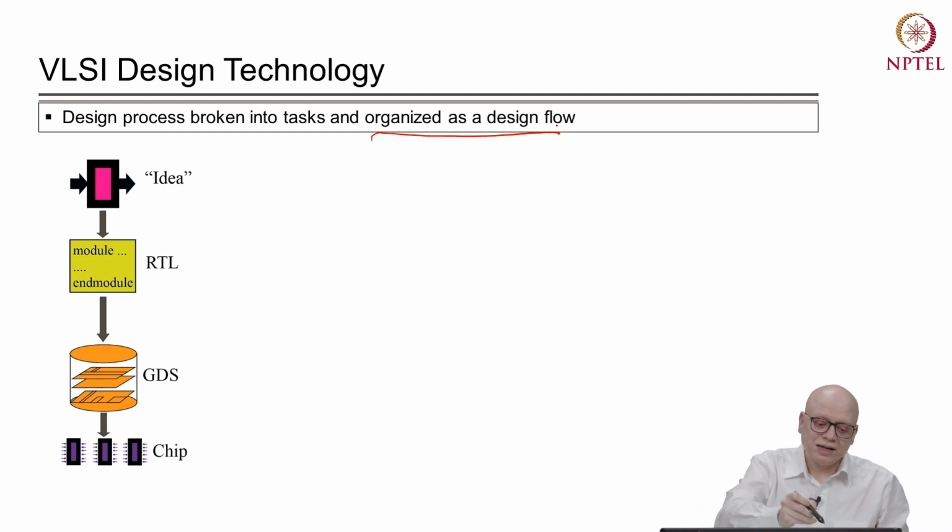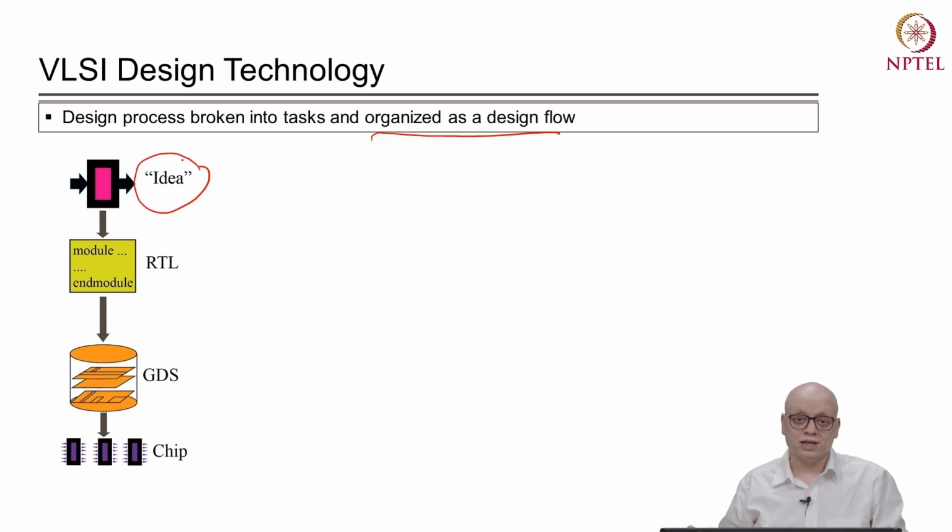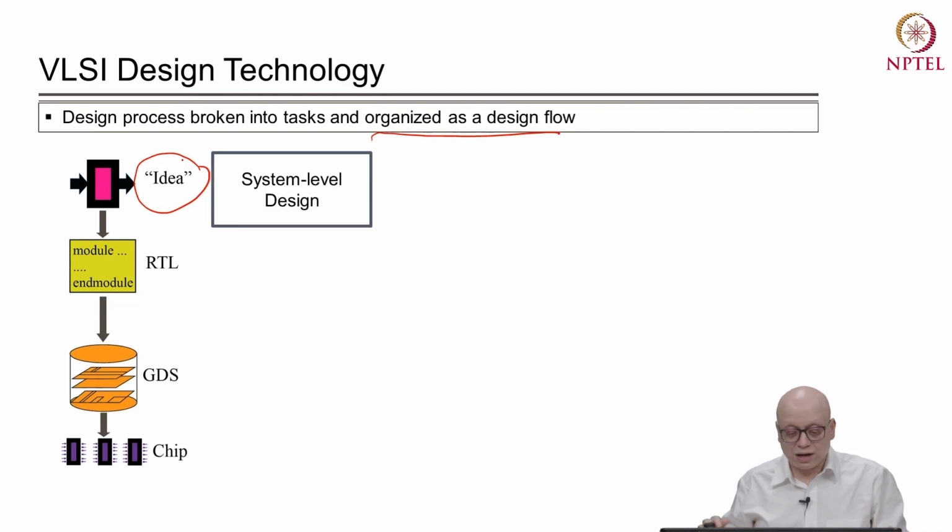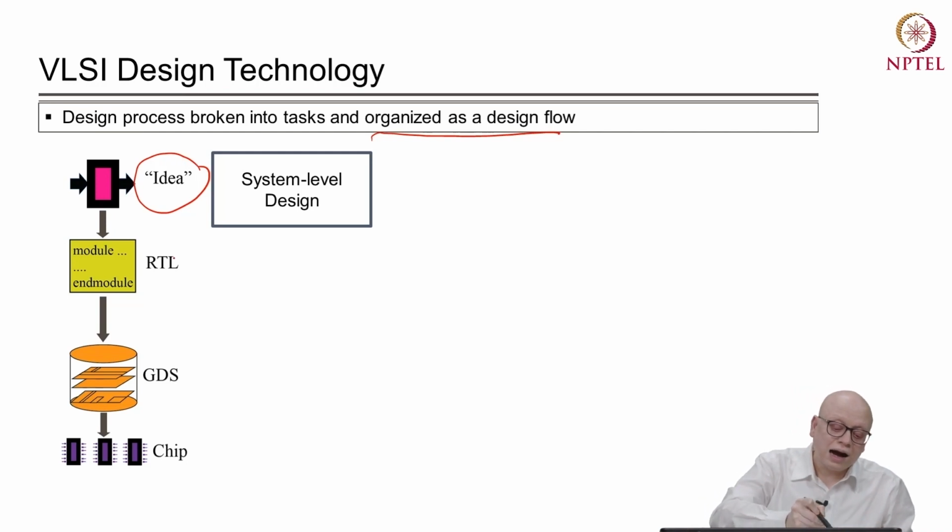So we start with an idea about what we want to build, maybe a processor or maybe a chip related to security or a chip related to communication or whatever the functionality is. So we start with an idea, and then we do a kind of system level design. And at the end of system level design, we get a description of a design in terms of logic. And this design is known as an RTL design.